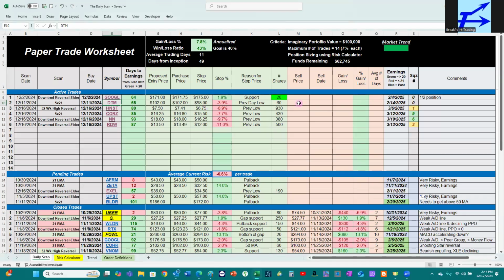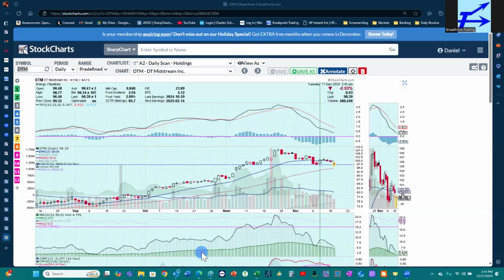Our stop was at 98. So it stopped out at 98. Today is 12.17. So 6 days, lost 3.9%. So that one's gone. But that's what stops are for. And what did I say it was? It's at 98.39. So it actually went down below the stop and then came back up. It's actually near its high. So it might continue higher, but doesn't matter.